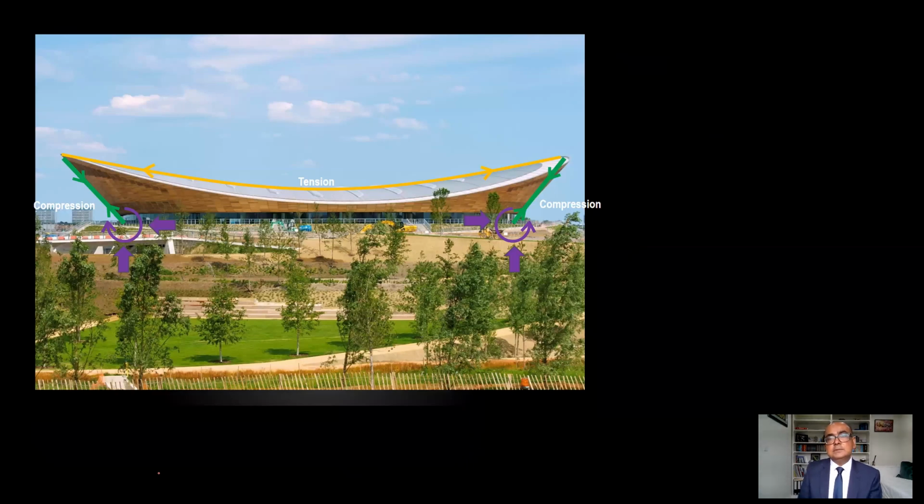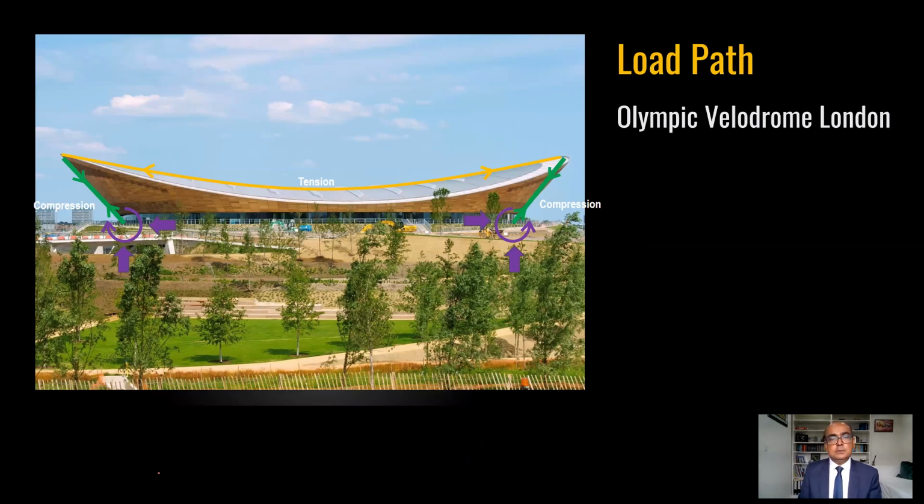And then this is the Olympic Velodrome, not very far from where I work. Top elements are causing tension, and these elements in green are causing compression, and finally we have reactions: horizontal, vertical, and moment.